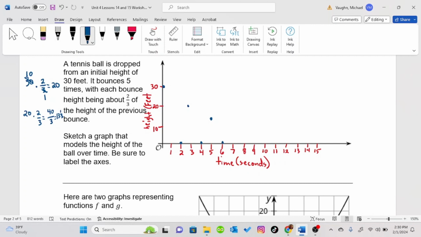So now my third bounce is 13 1/3 times 2/3.